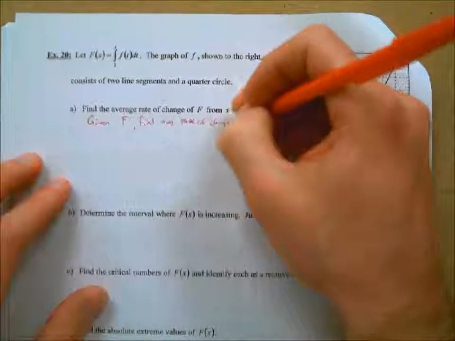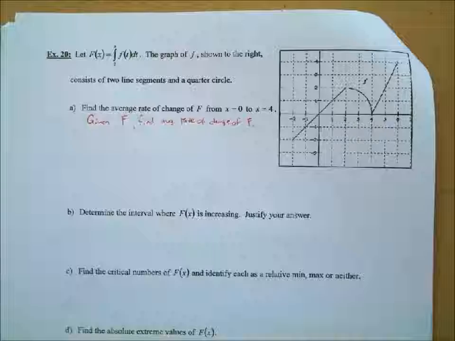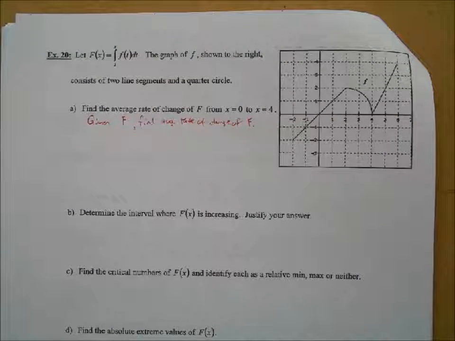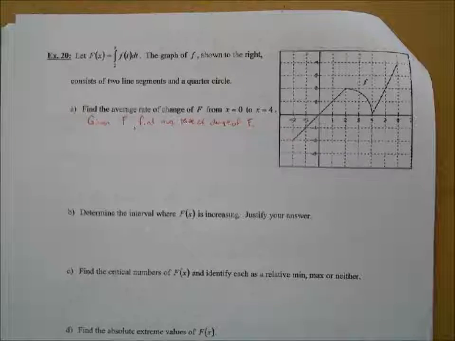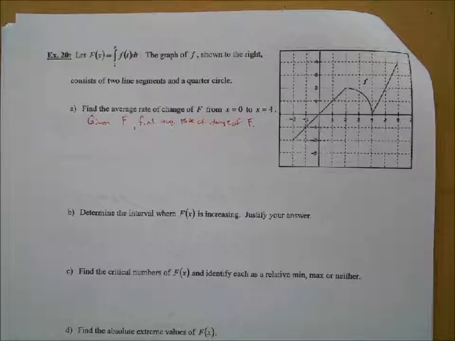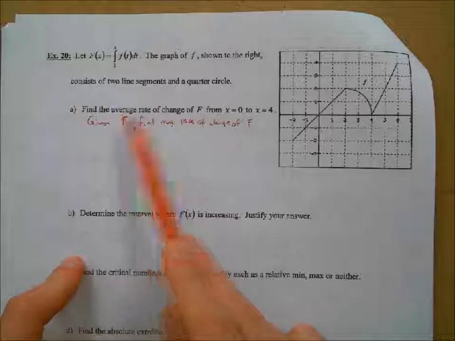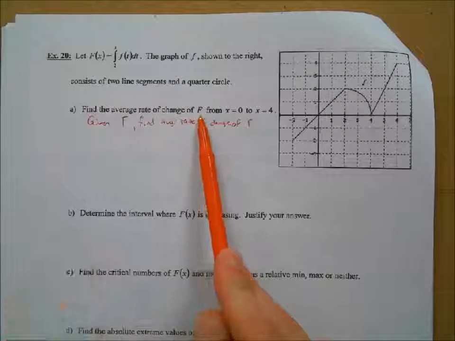Which of our two average ideas are we going to use here? Are we going to use F of b minus F of a over b minus a, or 1 over b minus a times the integral from a to b? It's the first one. It's going to be the slope: F of b minus F of a over b minus a. Why is that? Because we're given F, and we're asked to find the average rate of change of F. So that is the rate of change formula.